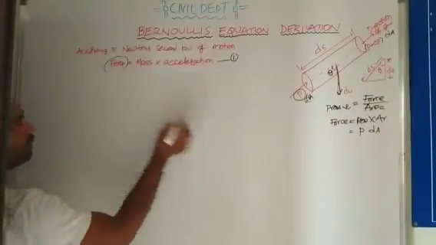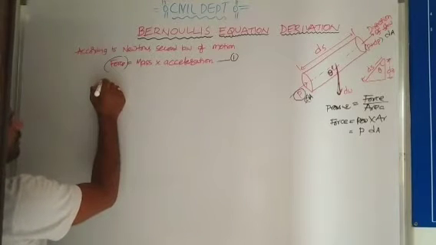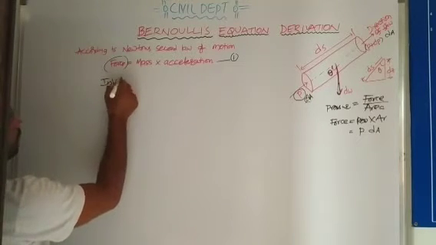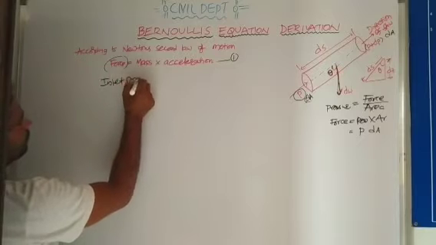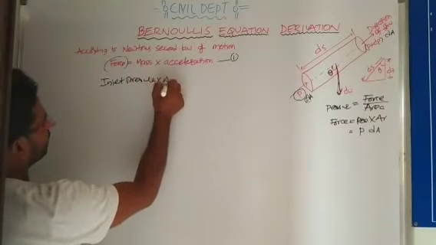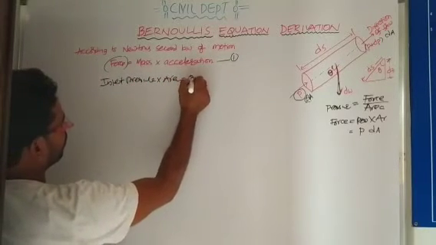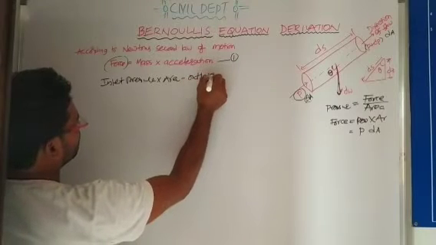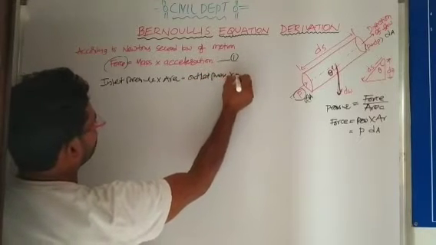So coming to force: inlet pressure into area minus outlet pressure into area. So this is the force.